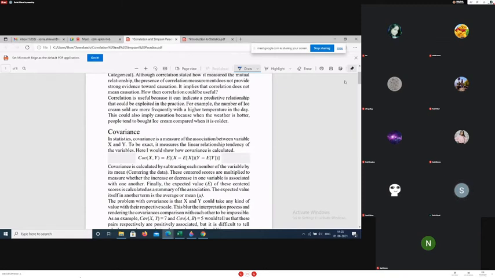Read it and let me know. So covariance basically gives you a measure of the association between variable x and y.